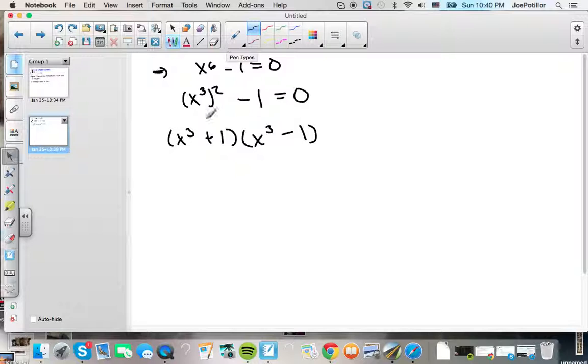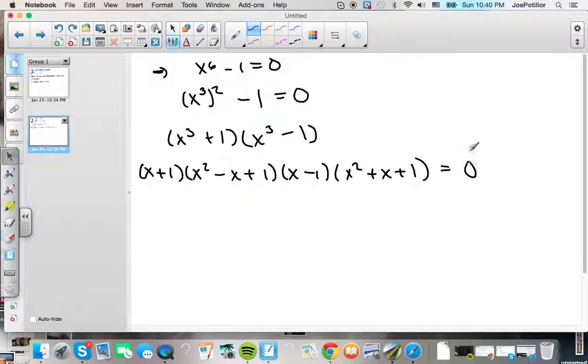And after all this ugliness, it's a sum and difference of cubes, so it involves even uglier formulas: x plus 1 times x squared minus x plus 1, and then x minus 1 times the other ugly formula, x squared plus x plus 1, all equals nothing, and you would sit here and do painful algebra, and you'd start crying.